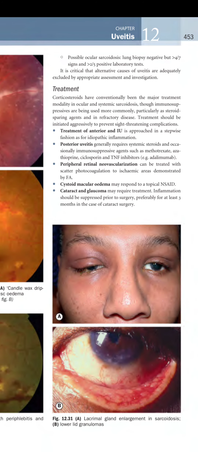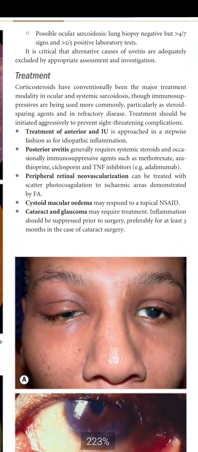So how will you treat a case of sarcoidosis? Corticosteroids have conventionally been the major treatment modality in ocular and systemic sarcoidosis. Immunosuppressives are being used more commonly, particularly as steroid-sparing agents, and in refractory disease, treatment should be initiated aggressively to prevent sight-threatening complications.